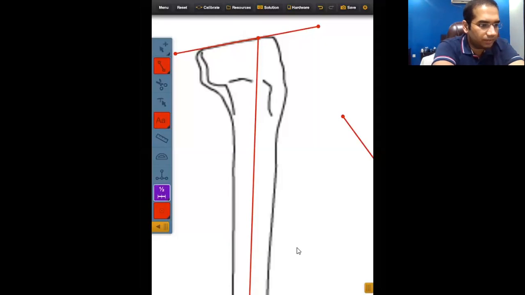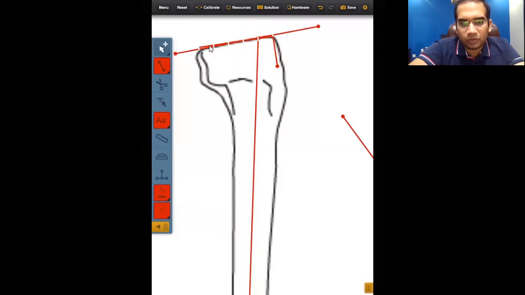What I mean to say is, if you divide your tibial plateau into 5 equal parts, look, I've divided my tibial plateau into 1, 2, 3, 4, 5, and where the first 1/5 joins the rest of the 4/5, it gives us the location where the mid diaphyseal line, the anatomical axis line of the tibia, joins the tibial plateau.